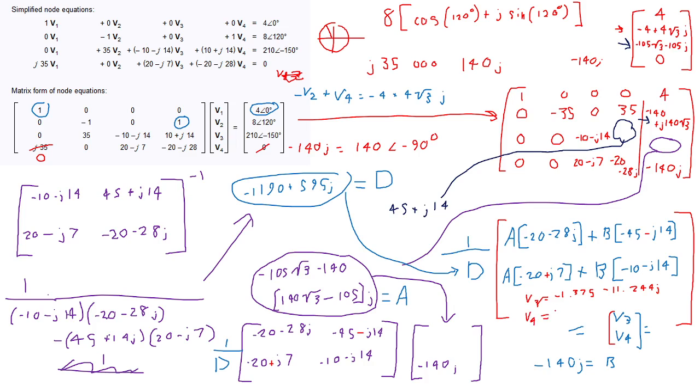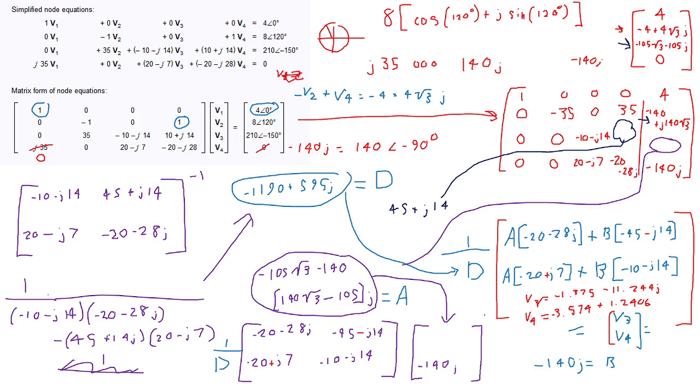So V4 is equal to, again from direct calculation, minus 3.574 plus 2.406. And then for V2, I have to back substitute the value for V4 into this equation for V2.